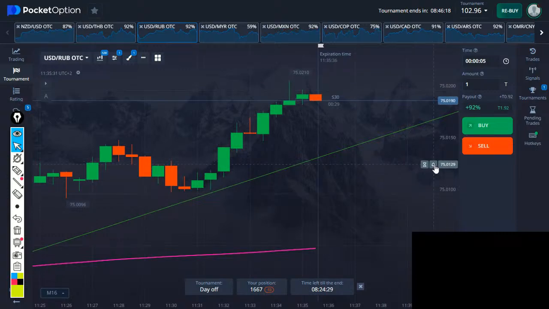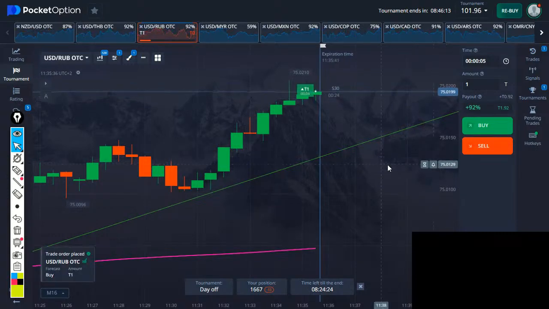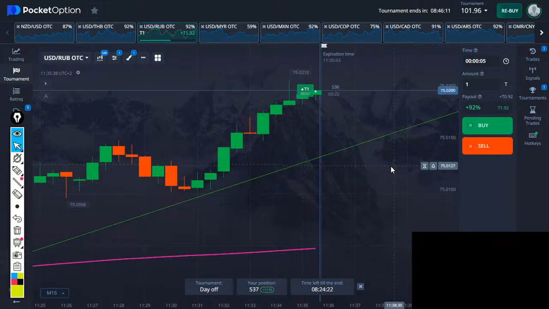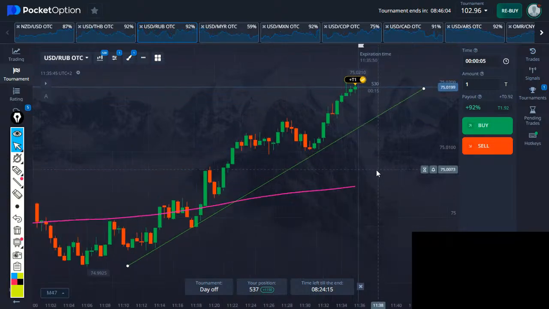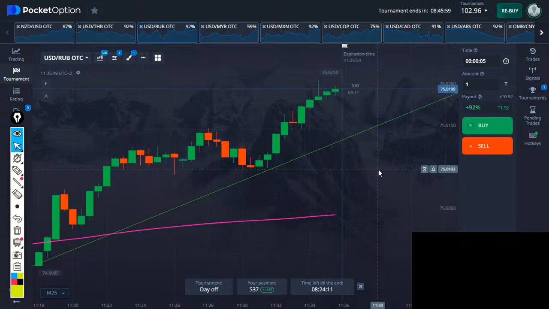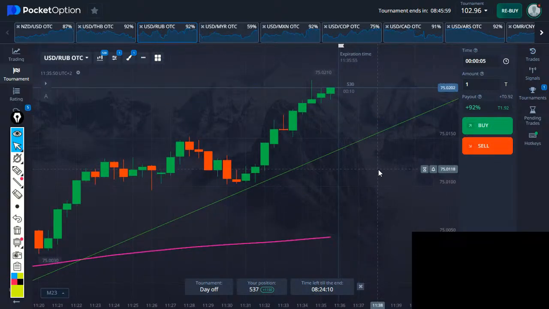We have red, green, we go for a buy. Okay, we have a refund. In this case, the $1 is fully refunded. So we wait for the next bar to open.